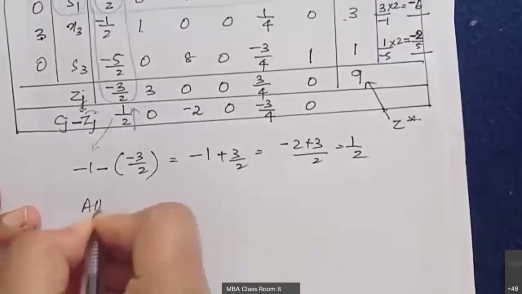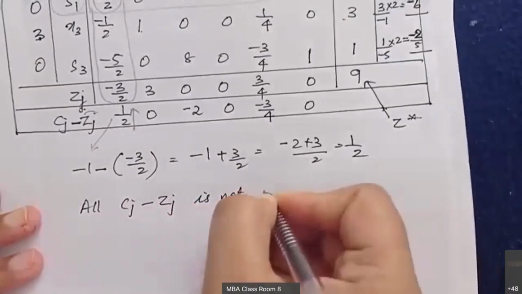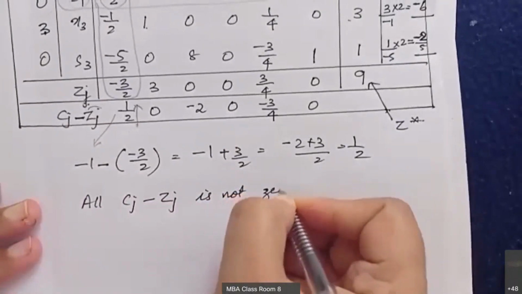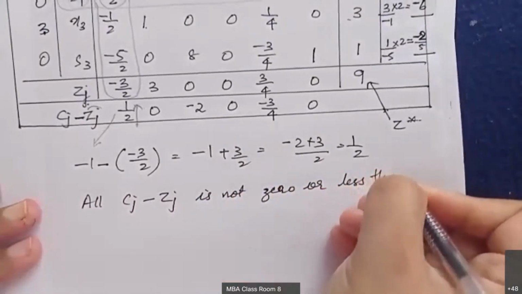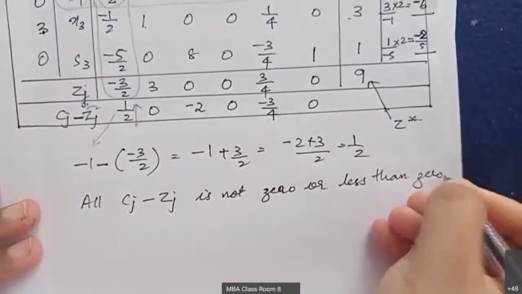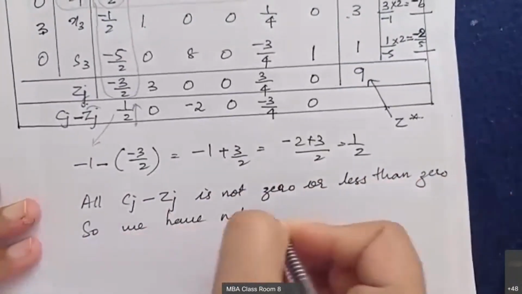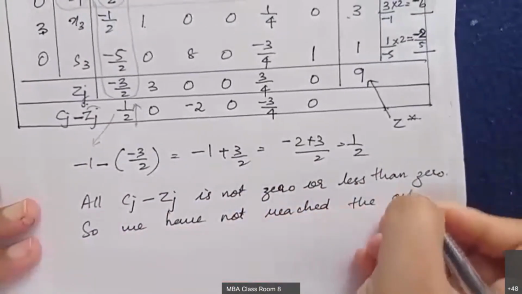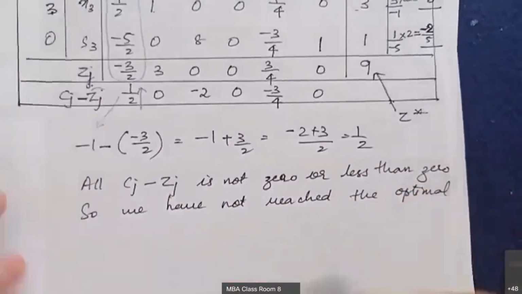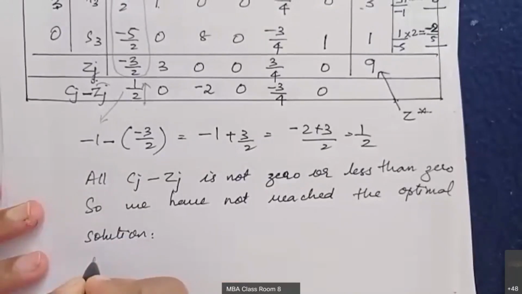Just the theory part, you are writing: all Cj minus Zj is not 0 or less than 0, so we have not reached the optimal solution.